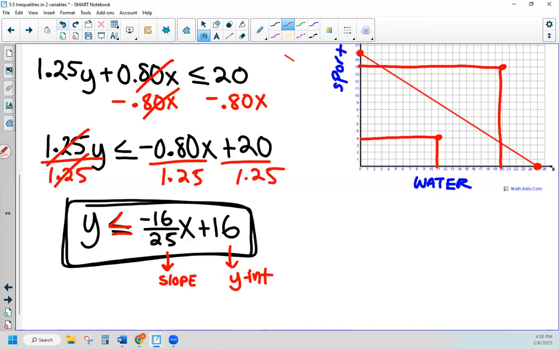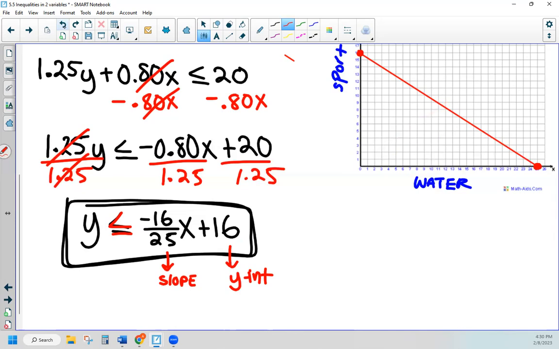That's a lot more. So hopefully you understand that the further you go up and to the right, the more money you're spending. The closer you are to the origin, the less money you're spending. So it makes more sense that the shading does happen in the bottom.